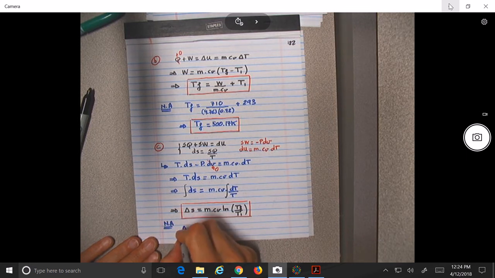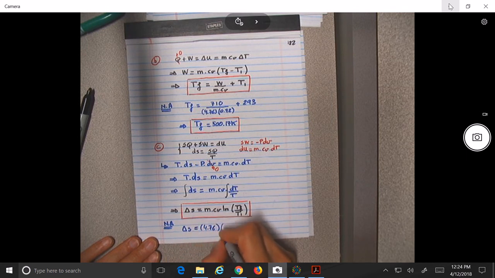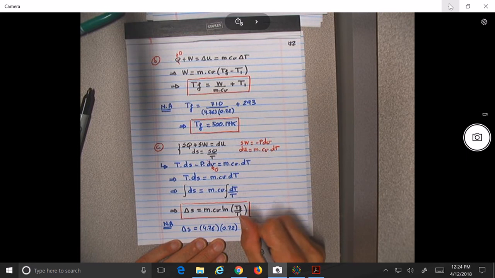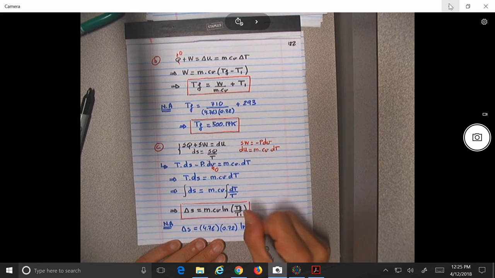So delta S will be equal to 4.76 times 0.72 times log of T final, which is 500.17, divided by 293.